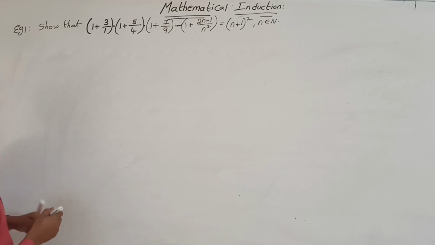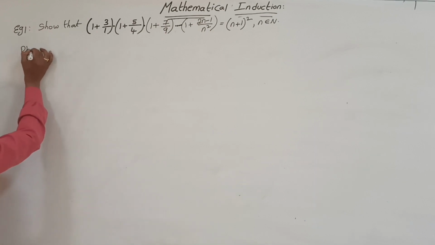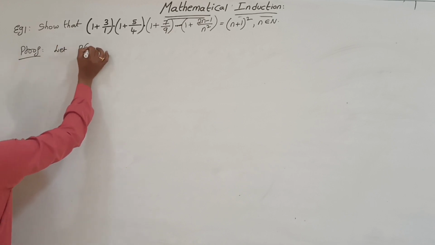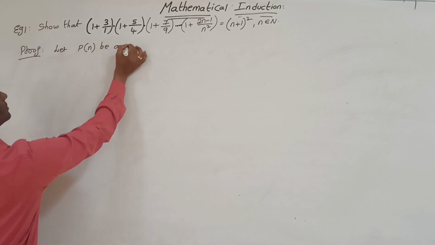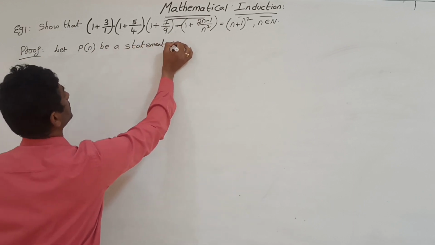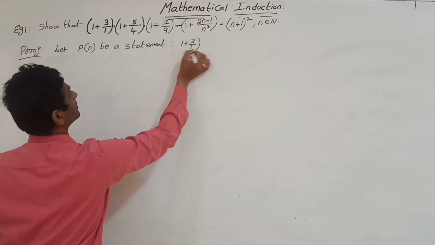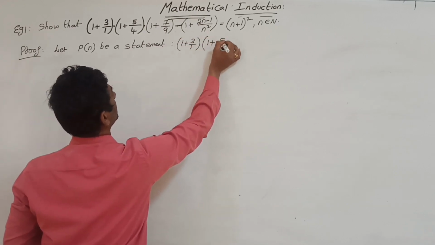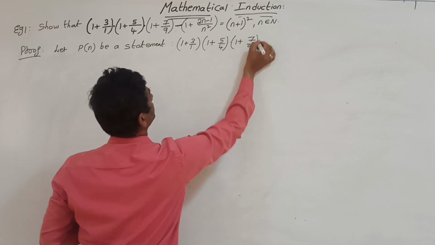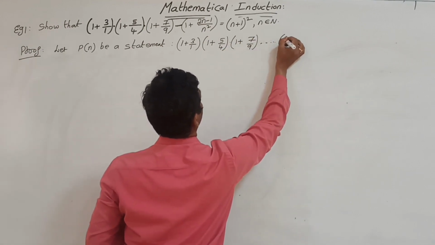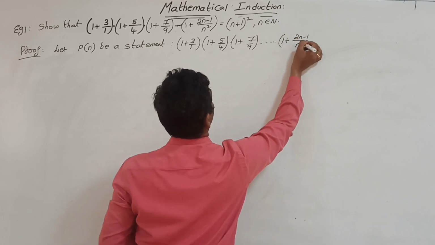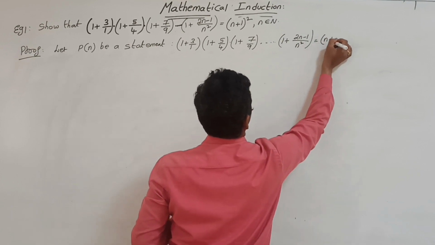We'll check the proof. So let P of n be a statement. So what is our statement is 1 plus 3 by 1 into 1 plus 5 by 4 into 1 plus 7 by 9, and so on up to the product 1 plus 2n plus 1 by n square is equal to n plus 1 whole square.